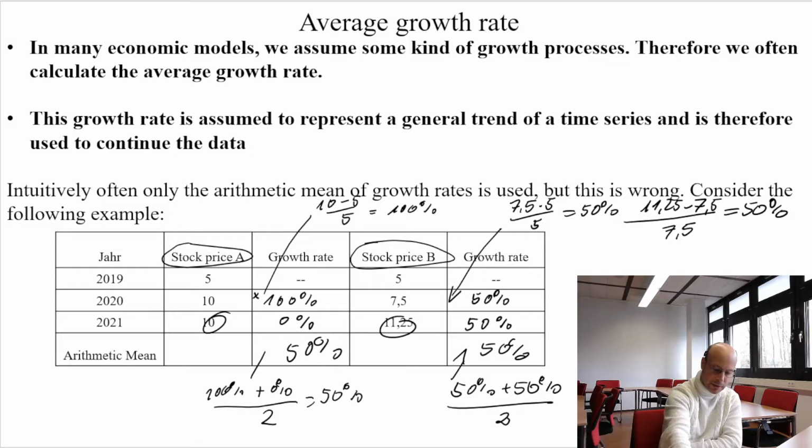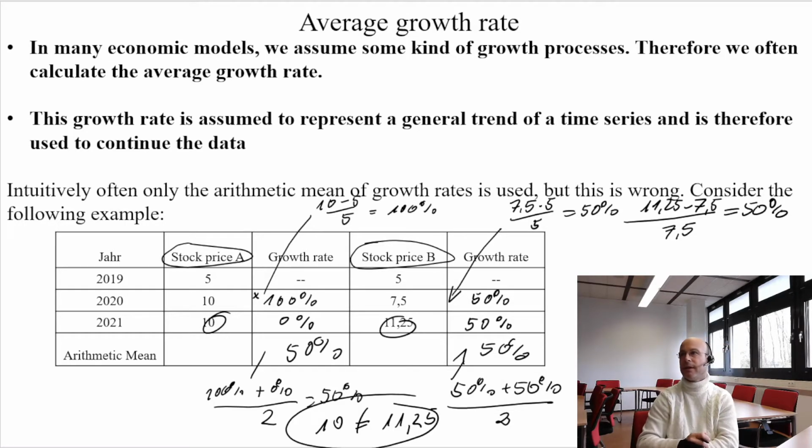But of course 10 is not equal to 11.25, and therefore this is actually wrong. So what do we have to do in order to calculate the right average growth rate?